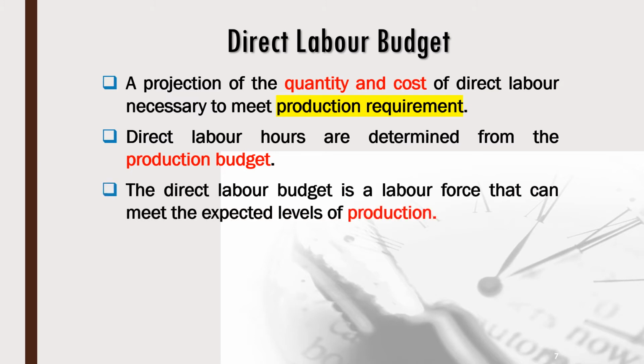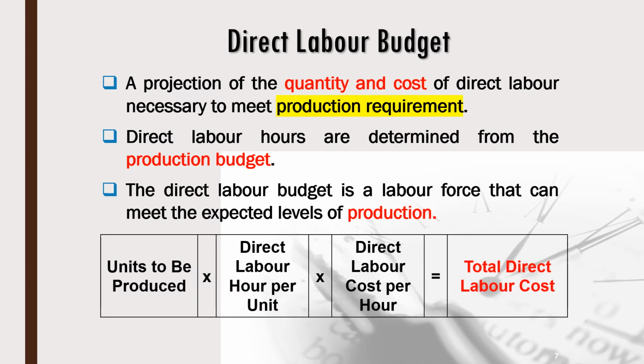In other words, the direct labor budget is a labor force that can meet the expected levels of production. The formula in direct labor budget: units to be produced multiplied by direct labor hours per unit multiplied by direct labor cost per hour equals total direct labor cost.